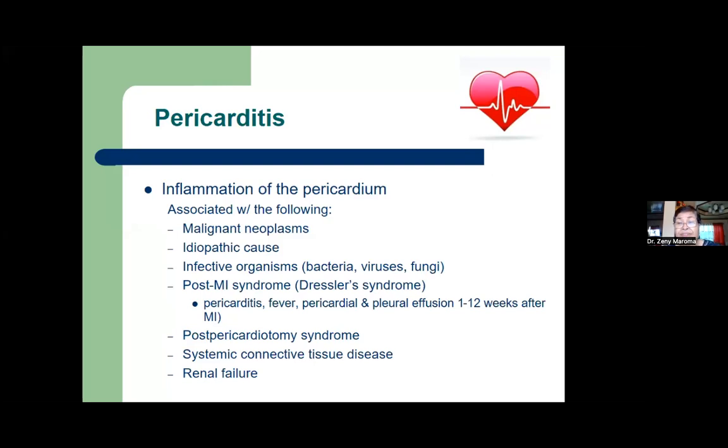Renal failure. So a patient has chronic renal failure, unable to excrete the metabolites, the metabolites urea, creatinine, through the urine. And therefore, there's increased level of metabolites in the blood, and then this is being circulated to the different body organs, like the heart, the lungs, the brain, and therefore it causes inflammation.